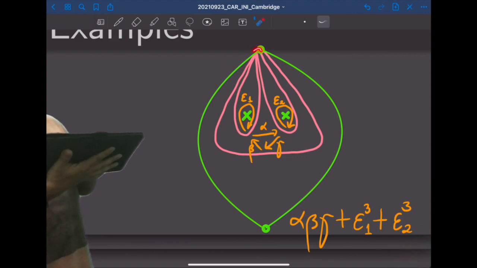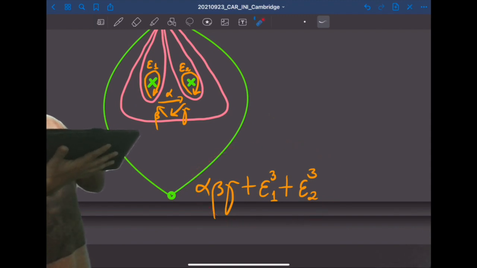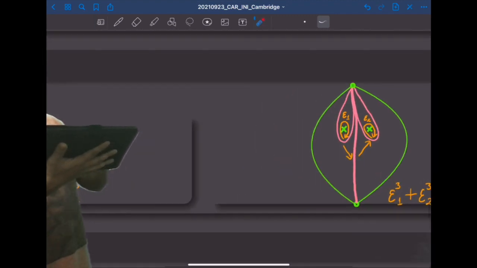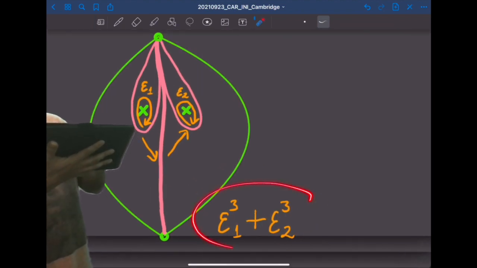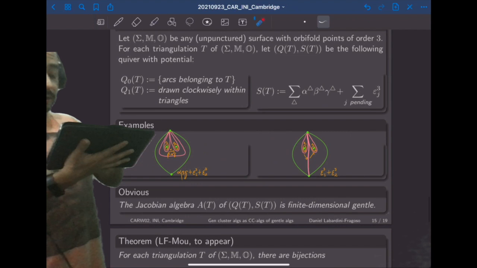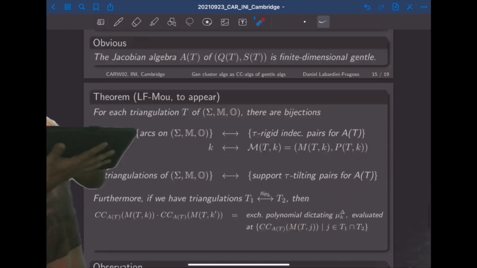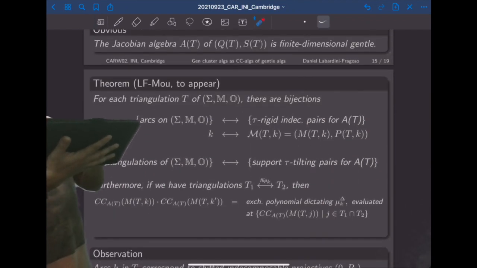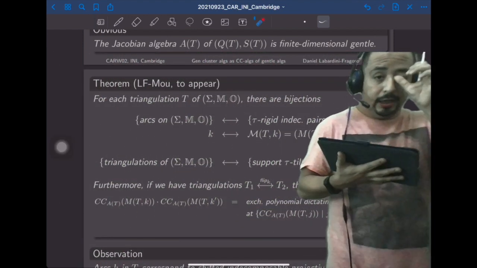Here the surface is the digon, and we have two orbifold points, and for that triangulation you can see the quiver here, and this is the potential. When I flip this arc, I get this other triangulation, and this potential. Again, the Jacobian algebra is finite dimensional and gentle, and we have a result similar to the one Diego and I established for the polygon.